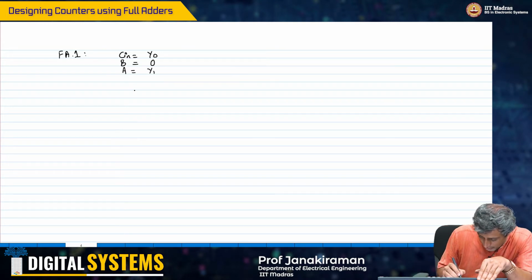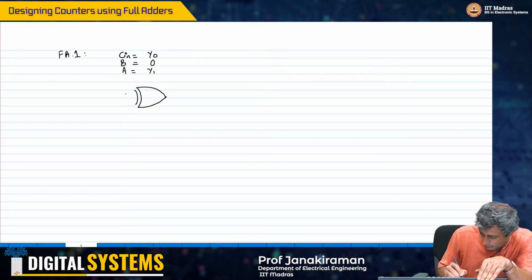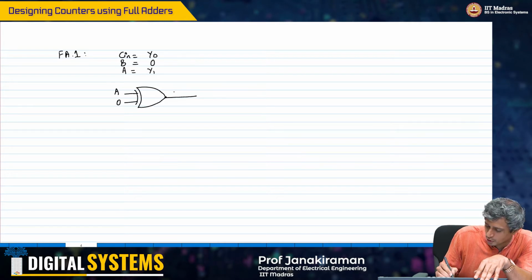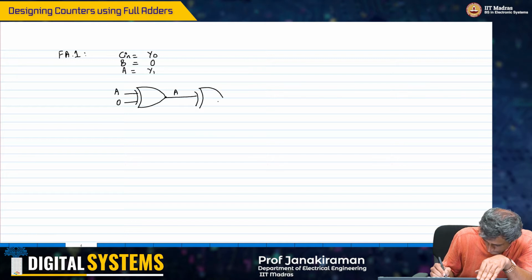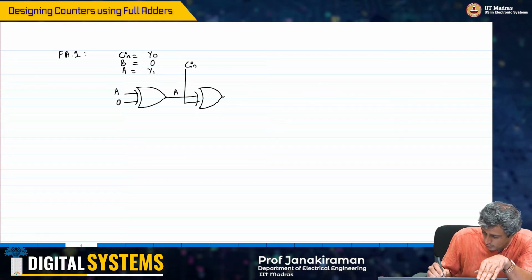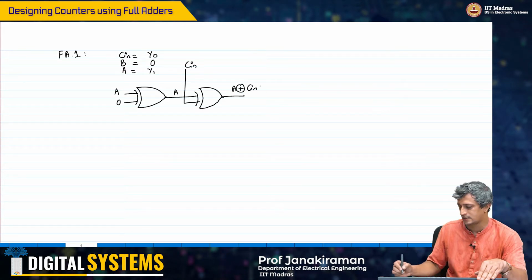Now this is again straightforward, go ahead and do that A XOR B XOR C operation using the two XOR gates. You have Y1 here, the A input, B is tied to 0, that means the output of this XOR gate is A, and Y naught is coming as carry in here. This is your C in, and therefore you will simply get A XOR C in as the answer here.